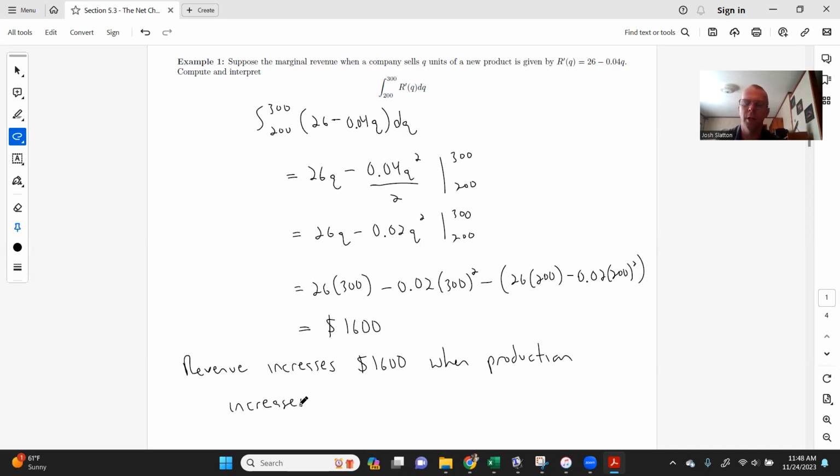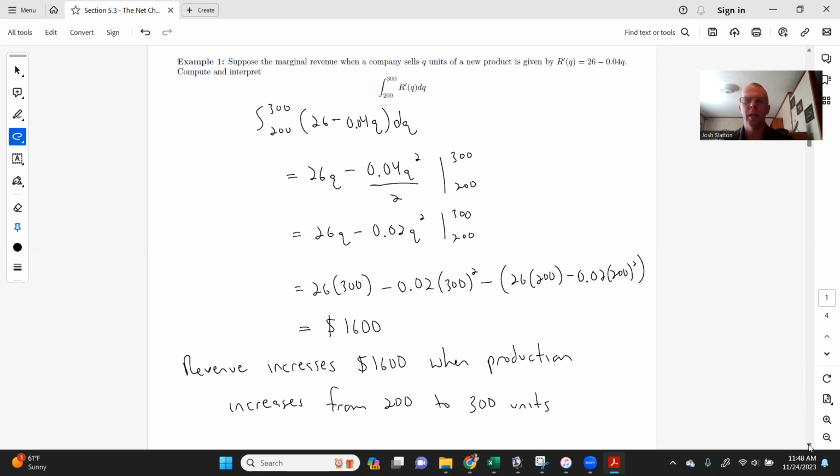And you would not say by 100, because it depends on the starting point, basically. So you can't just say when production increases by 100 units. You have to say when production increases from 200 to 300 units, because likely if you pick another interval of 100 units, you're going to get a different revenue there. All right, so that is that one.